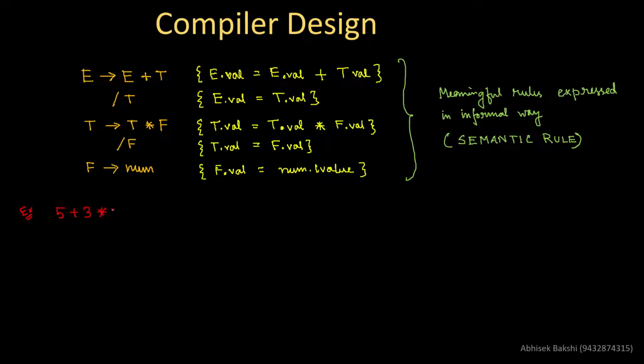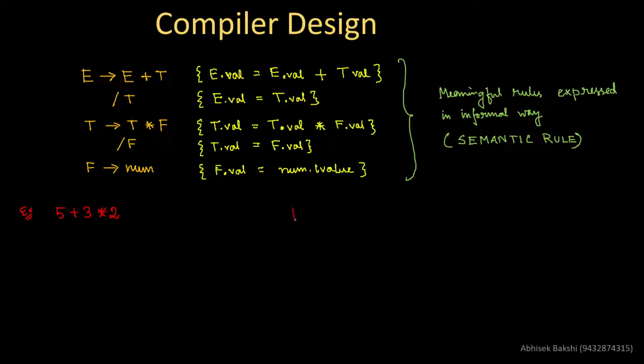We are talking about semantic analysis, so we are assuming that there is obviously a parse tree which has already parsed this particular string, and that's why we are now at the point of semantic analysis. So there is a parse tree already present here. Let's draw the parse tree first.